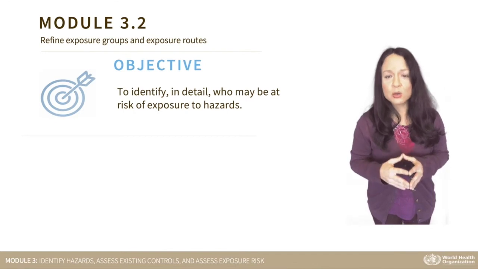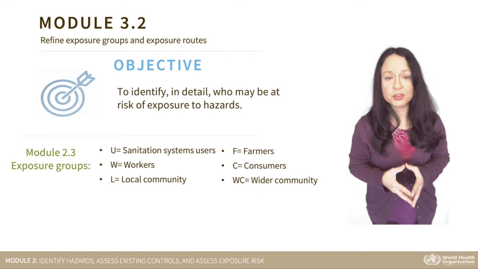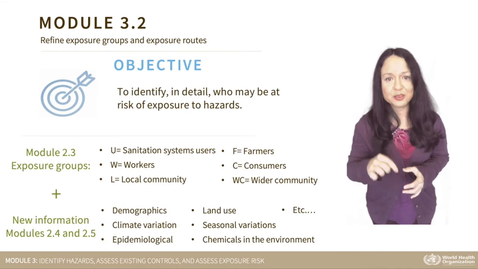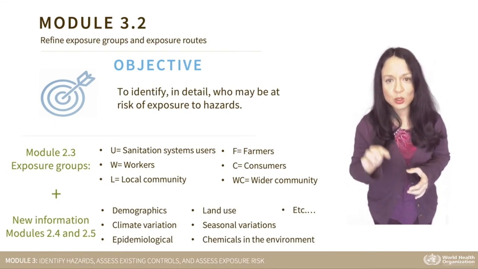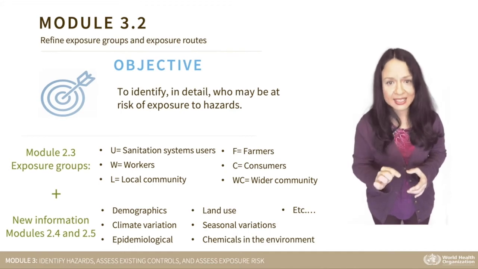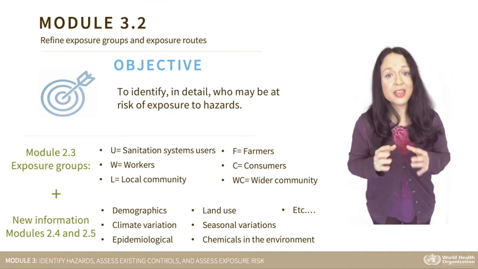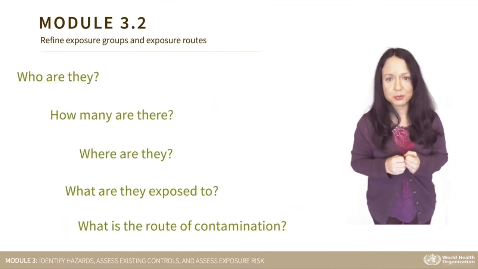Remember that in Module 2.3 we identified broad potential exposure groups. However, we do have new information after we gather compliance and contextual information in Module 2.4 and validated the system in Module 2.5. Therefore, we should be able to refine our exposure groups.